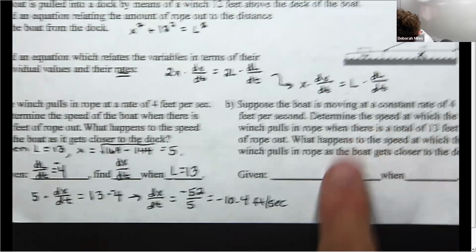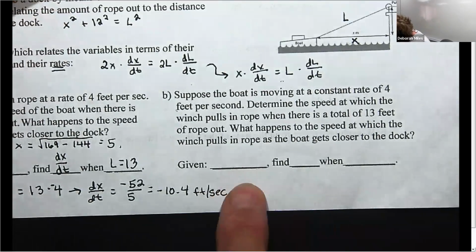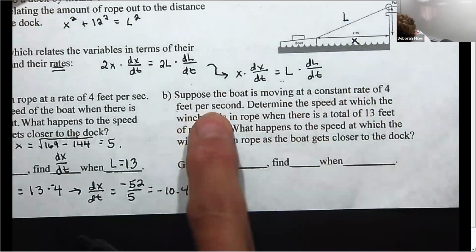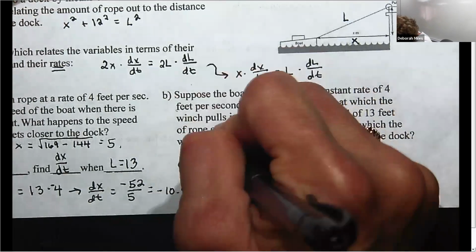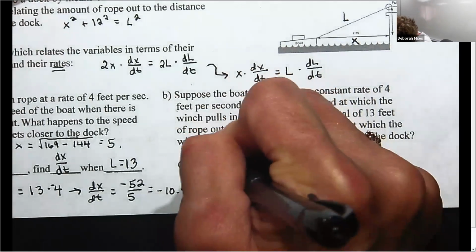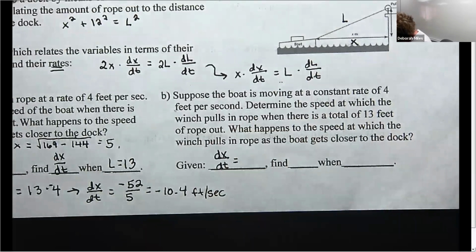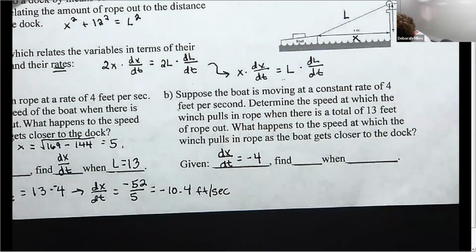And we won't finish the B part, but let's find out what we're looking for and what we're given. Suppose the boat is moving at a constant rate of 4 feet per second. What's that? dx over dt. And I'm paying attention this time. Should that be +4 or -4? That's -4 because the boat's being reeled in.